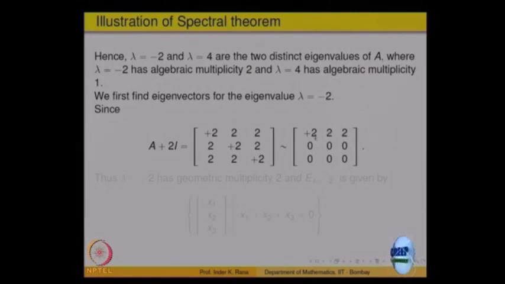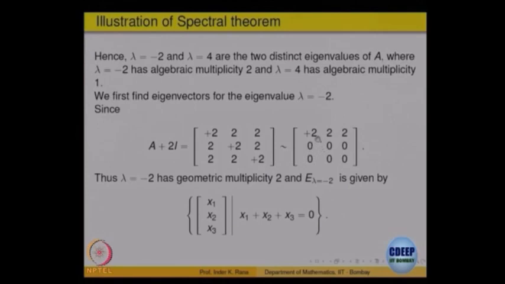That gives you a solution, and second, put x2 equal to 0 and x3 equal to 1, which gives you another solution for the same eigen subspace, the null space. Those two are going to be linearly independent automatically, because we have chosen x2 and x3 suitably.